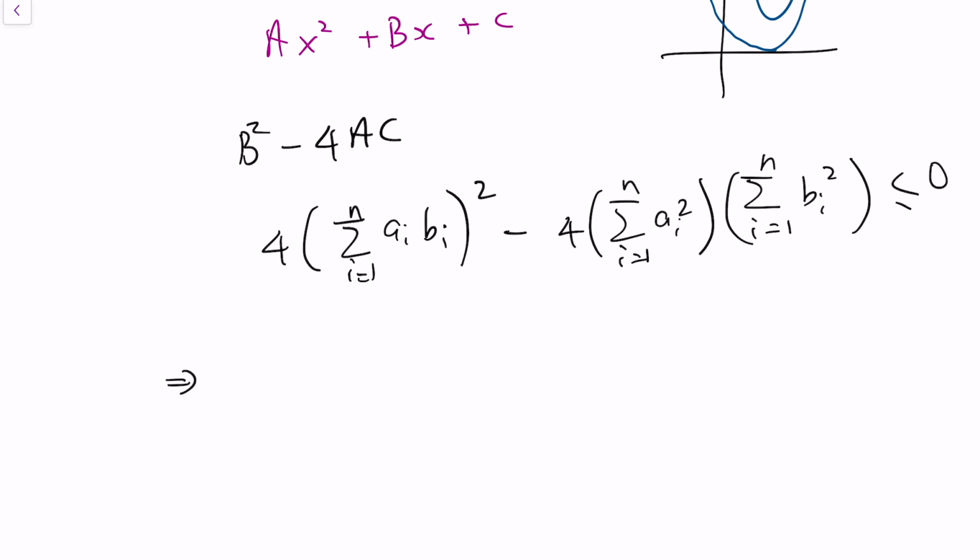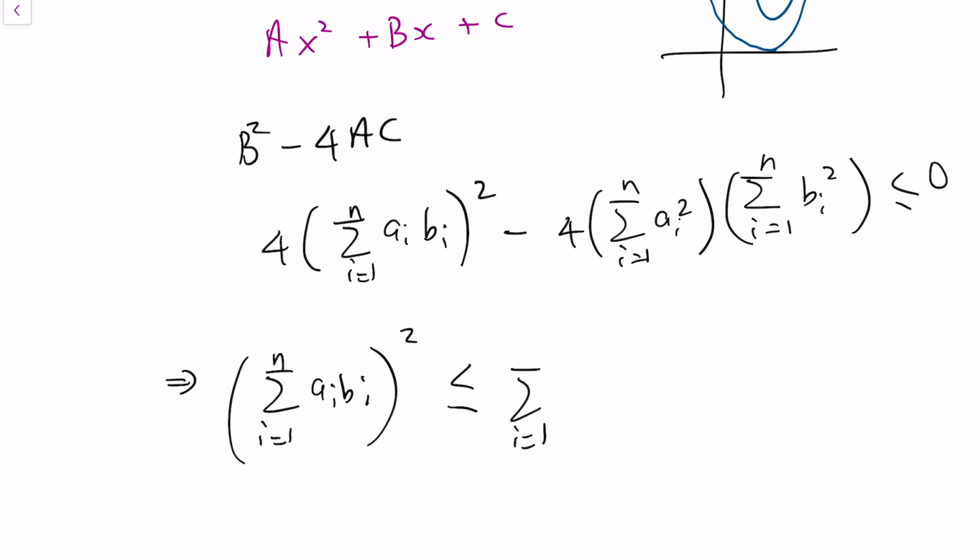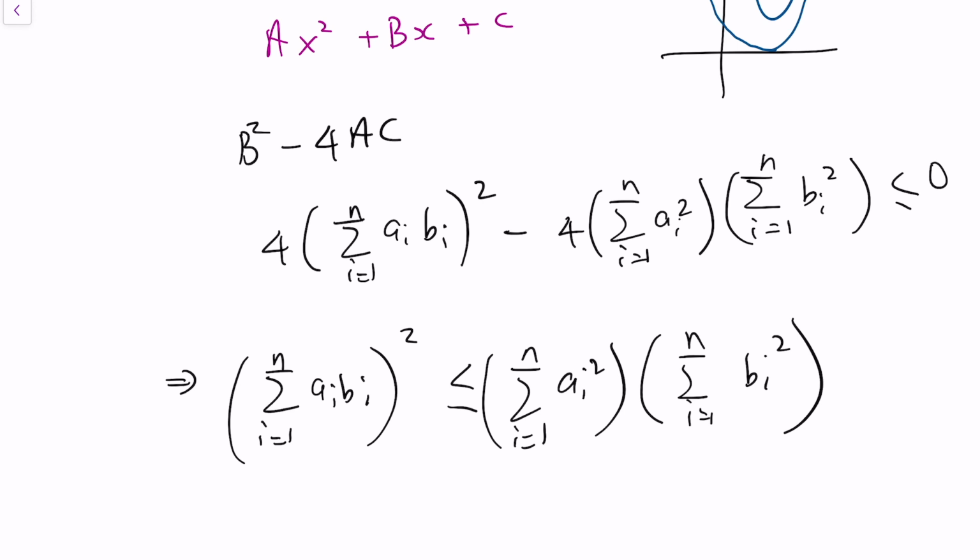And this implies that we must have the square of the sum, i goes from 1 to n, of a_i b_i, less than or equal to the sum, i goes from 1 to n, of a_i squared times the sum of b_i squared, right? And this is the required inequality.